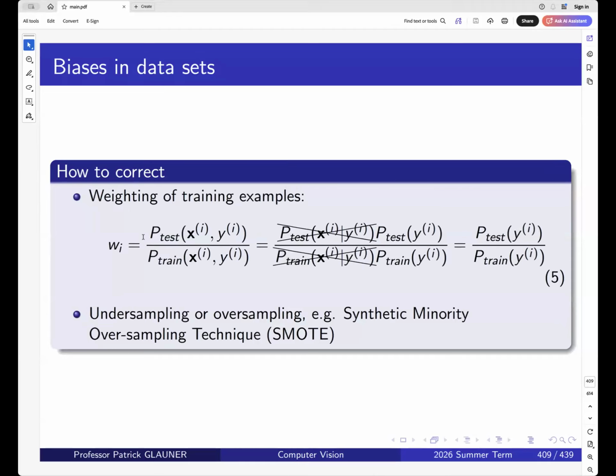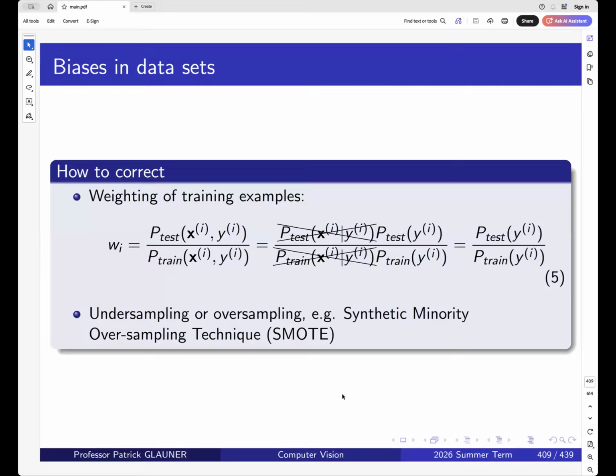And now we have a weight, and I can pass this weight when training a model. I can do other things like undersampling or oversampling. These terms were also mentioned by at least one of the students before. So oversampling would mean I take the minority class, so the smaller class, and I would duplicate some of these examples to create more examples of the underrepresented class.